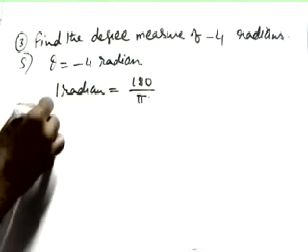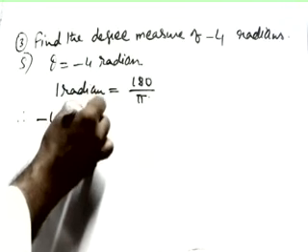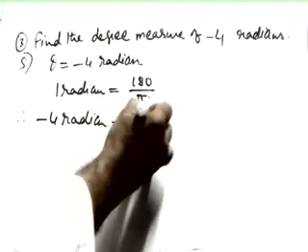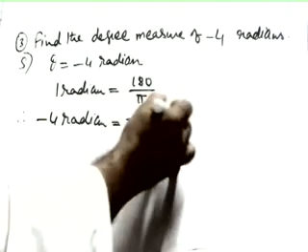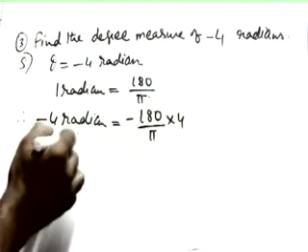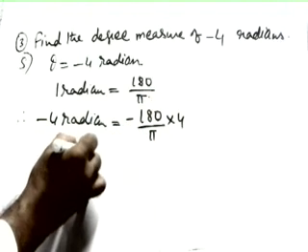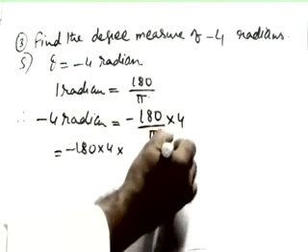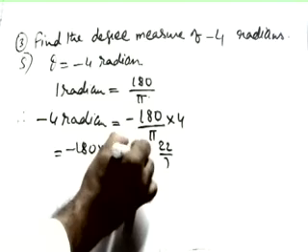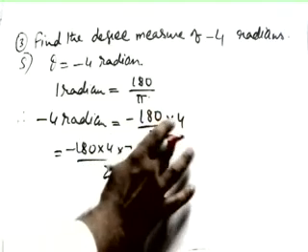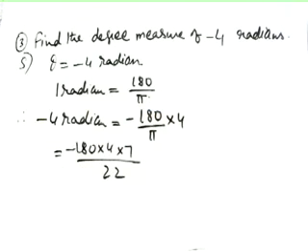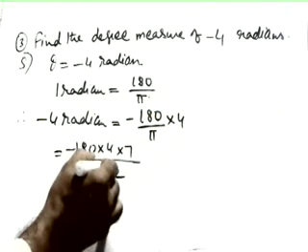So therefore -4 radian, we have to multiply with -4, 180 by pi into 4. We know pi is 22 by 7, so minus 180 into 4 into 7 by 22. If 22 by 7 is taken to the numerator, it will be 7 by 22.